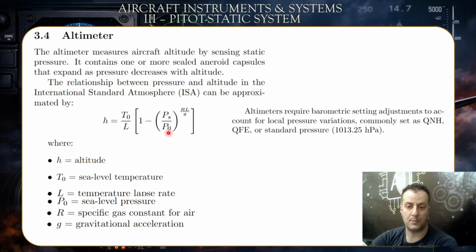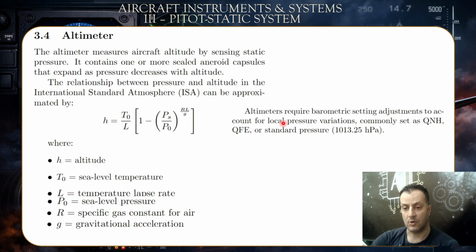PS is the static pressure at that altitude, divided by P0, which is the sea level pressure, to the power of RL divided by G. G is the gravitational acceleration, or gravity. R is the specific gas constant of the air, multiplied by L, the temperature lapse rate.